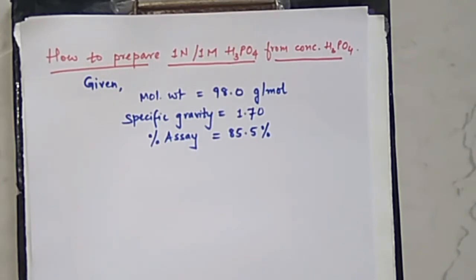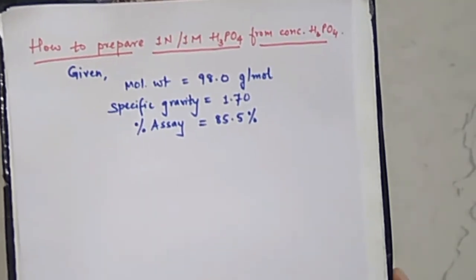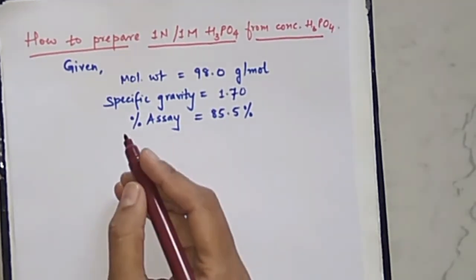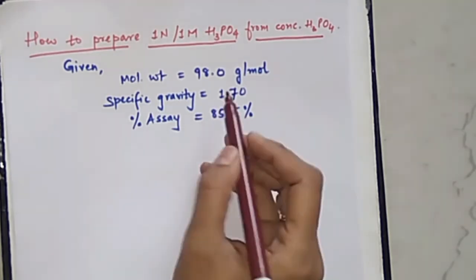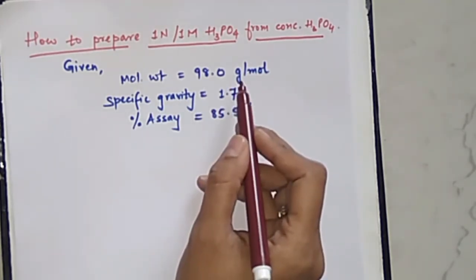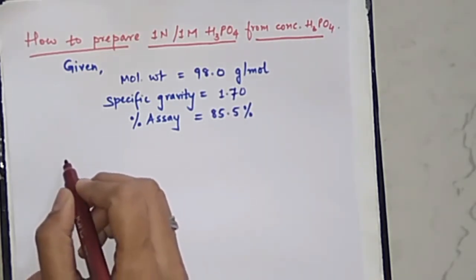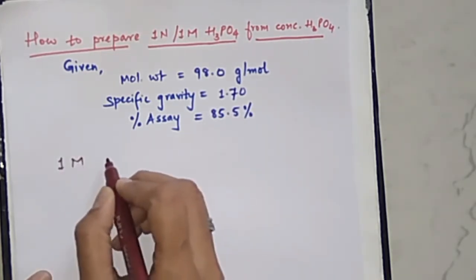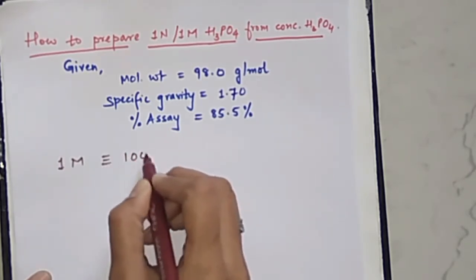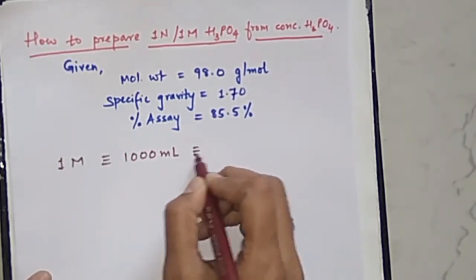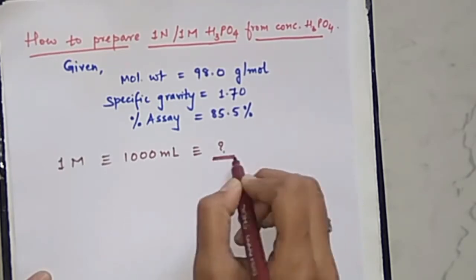Now, as we have seen in other preparations of acids from concentrated acid, we will first convert the gram molecular weight to the volume equivalent. For preparation of 1 molar 1000 ml, how much volume is to be taken?